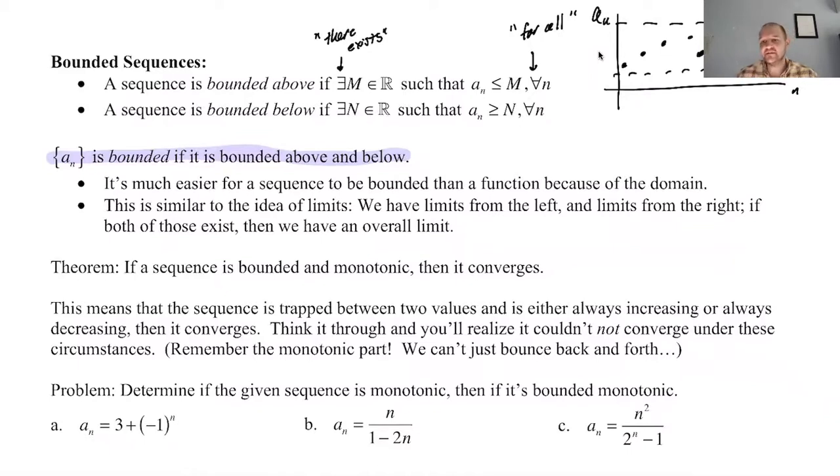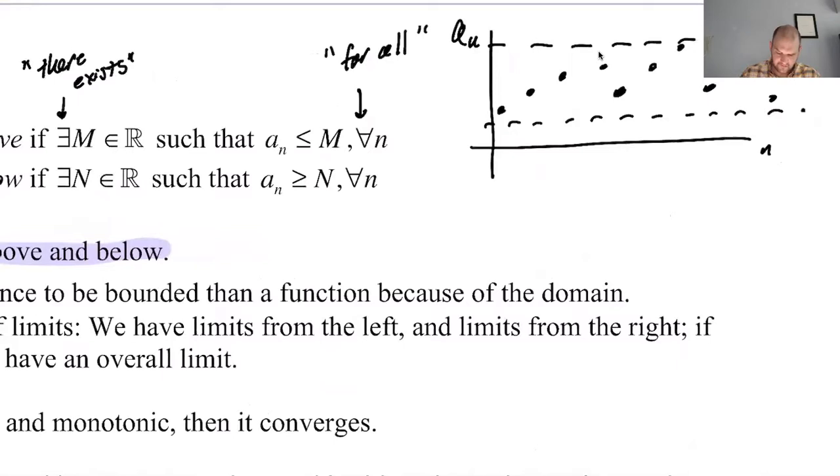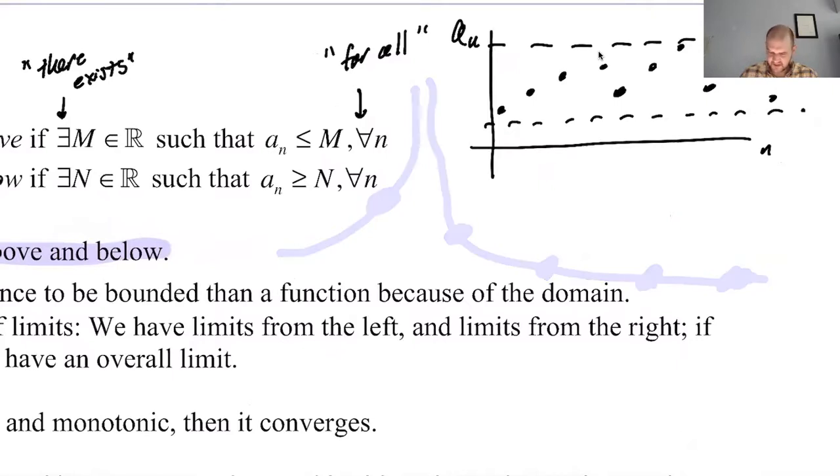It's definitely bounded. It's never going to be greater than 4. It's never going to be less than 2. It's bounded, but it's not monotonic. It's actually easier for a sequence to be bounded than it is for a function to be bounded, because you get those weird functions where you've got a vertical asymptote in the middle. If this is your function and the only terms of your sequence are this part, then your sequence is monotonic and bounded.